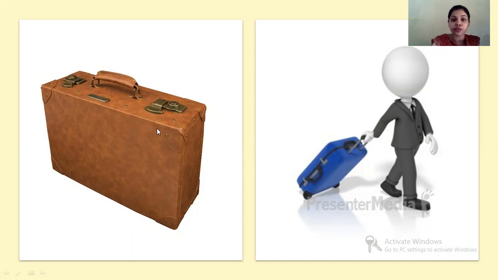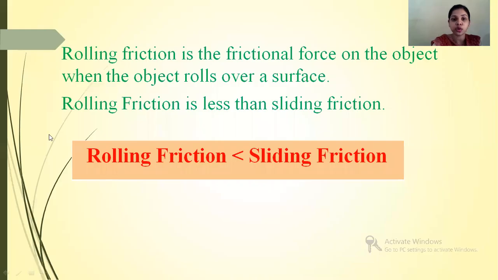Here the frictional force is sliding friction, and in this case the frictional force is rolling friction, because one slides on the surface and the other rolls on the surface. In this case the chances of interlocking are much less than with sliding friction. That's why rolling friction is less than sliding friction.